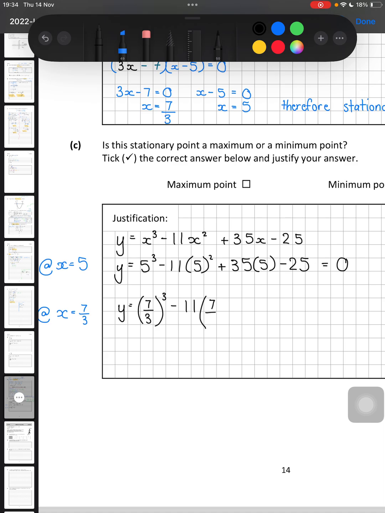So 7/3 cubed minus 11 times 7/3 squared plus 35 times 7/3 minus 25 is equal to, okay, so I'm going to go back through this and put in 7/3 in those 3 spots.